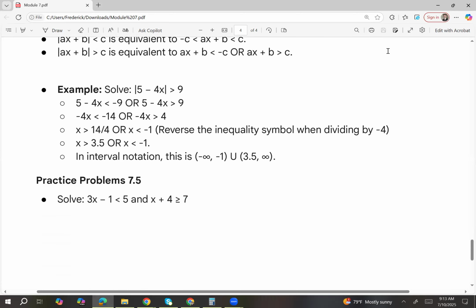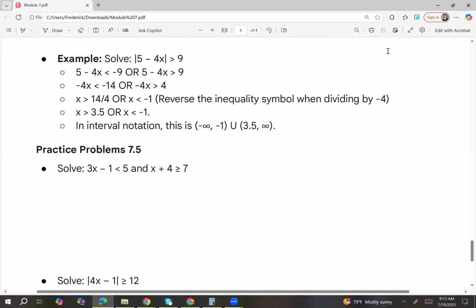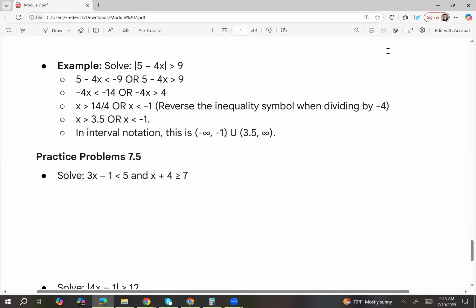All right, solve the absolute value of 5 minus 4x is greater than 9. So the first thing that we do when we have an absolute value equation or inequality, recall from our previous section, is we split it into two.